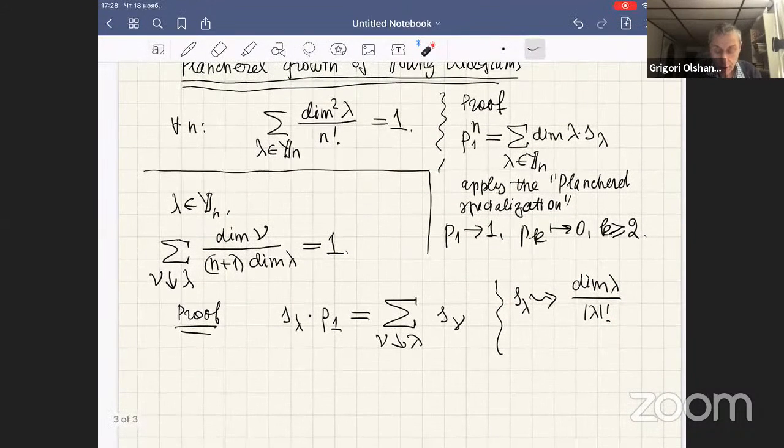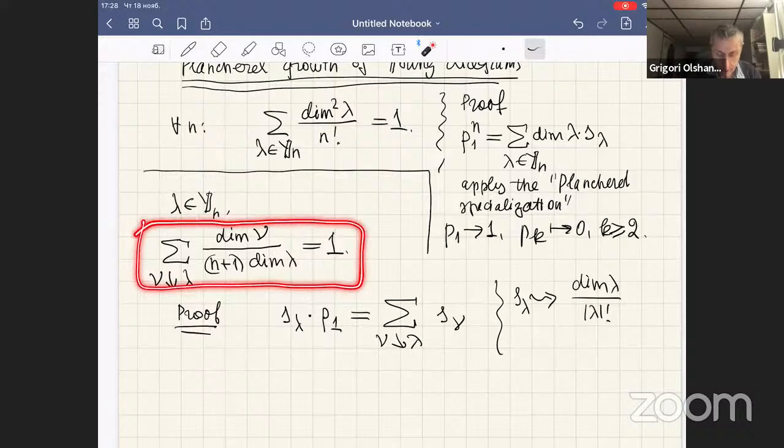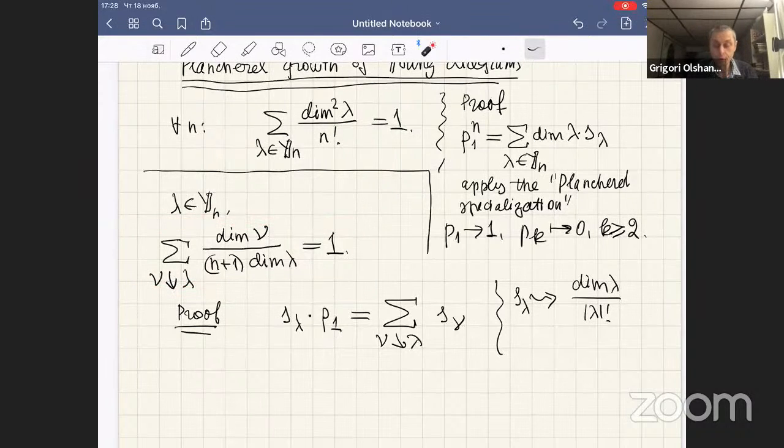But now look at these two identities, this one and this one. In either case, we have one on the right and a sum of positive numbers on the left. And once we have such an identity, it's tempting to interpret these summands on the left as probabilities.